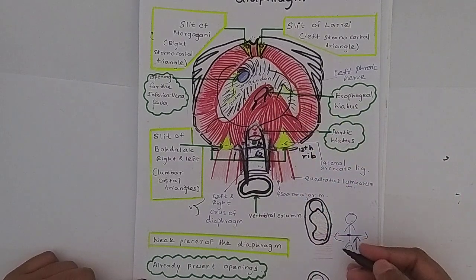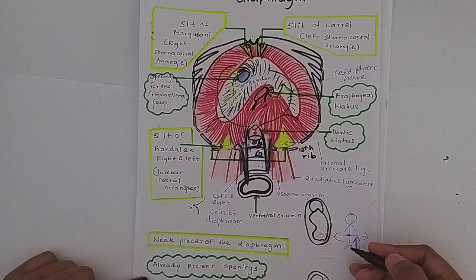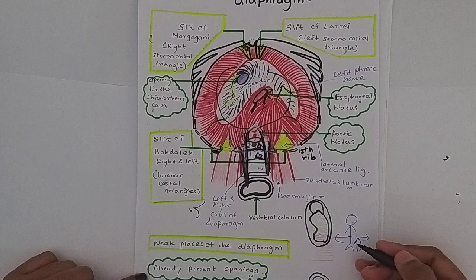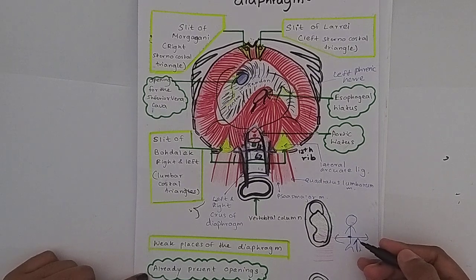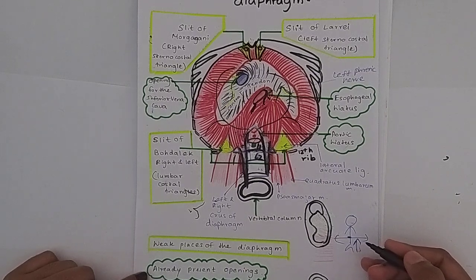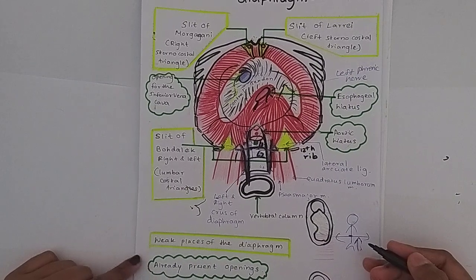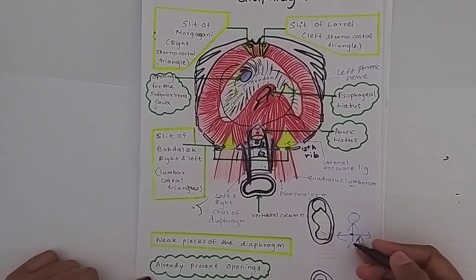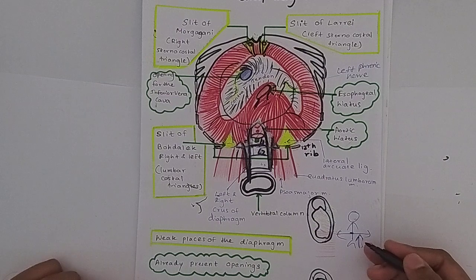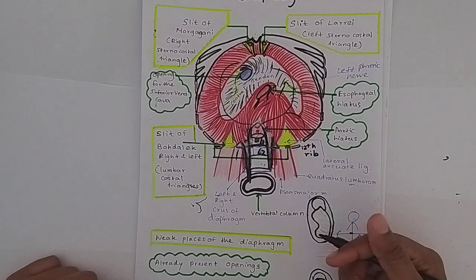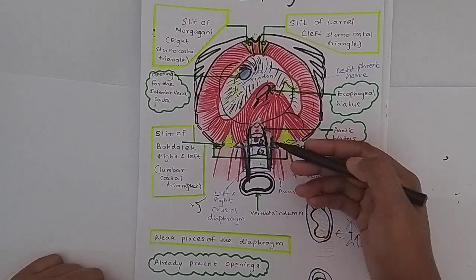Why is there a tendinous band? Because the diaphragm is a muscular structure which supports the breathing process, and it is very important in our breathing. It contracts in inspiration, so due to the muscular contractions of the diaphragm, the aorta could be compressed.